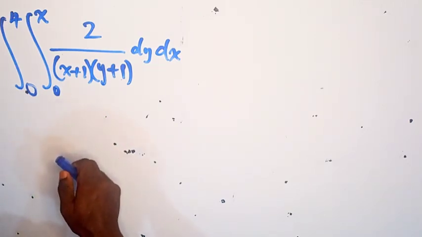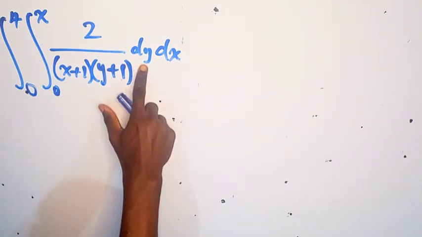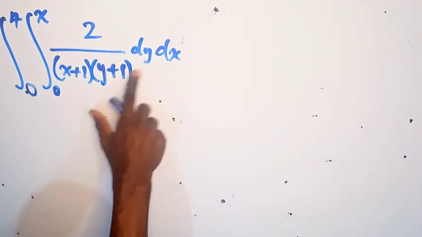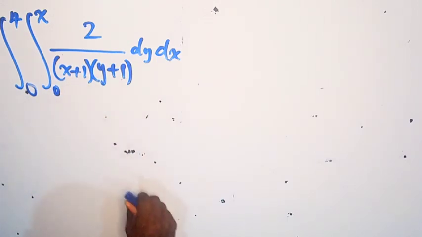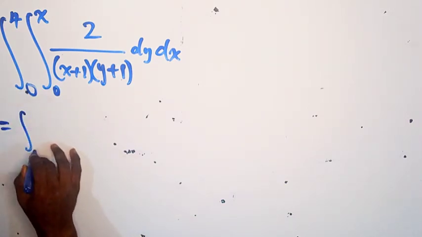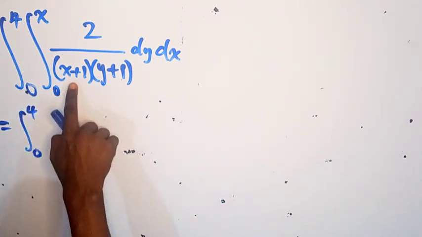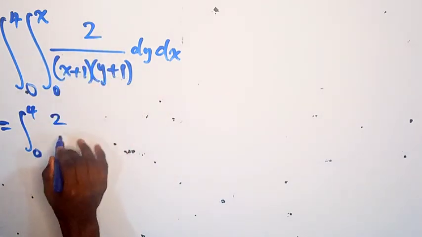But here let's see what we can do. We observe that this is with respect to y, so we are going to consider this function with respect to x as a constant. So integrating this, we have the integral from 0 to 4. This x is regarded as a constant, which means we will take 2 over x plus 1 out as a constant.